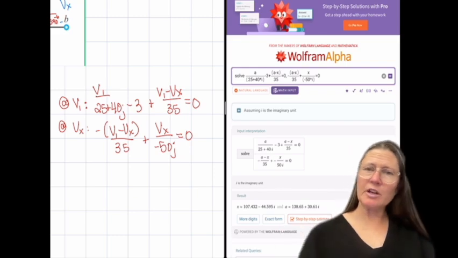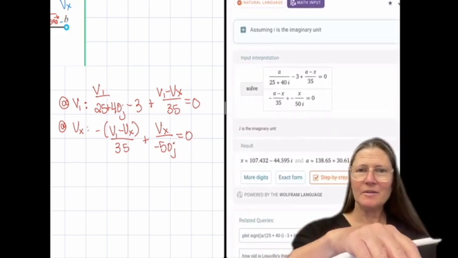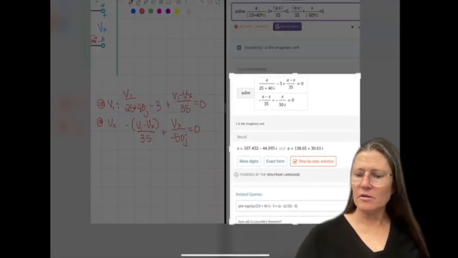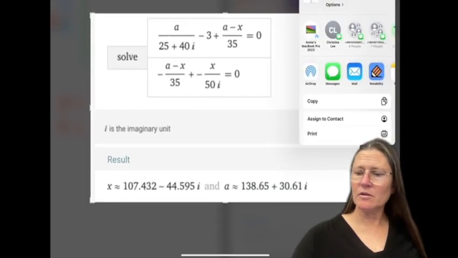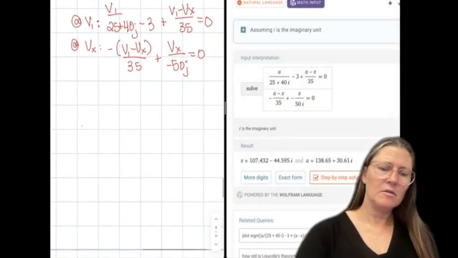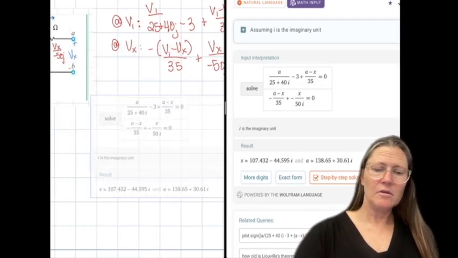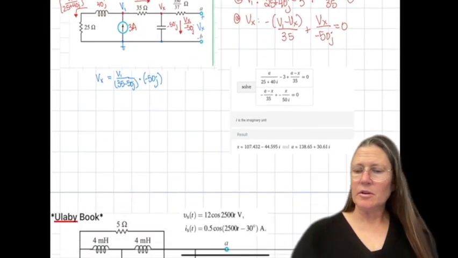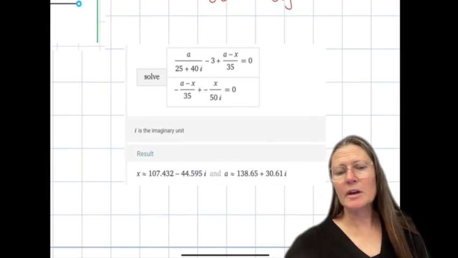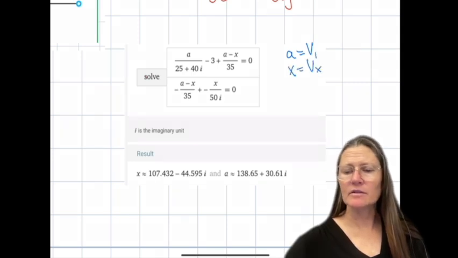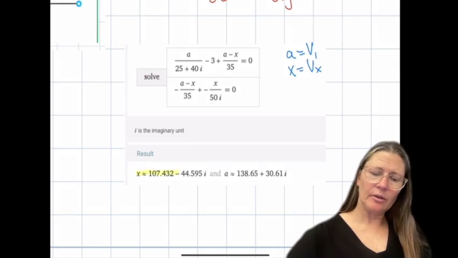So I used A was V1 and then X is Vx. So this resulted in my Vx is this one.